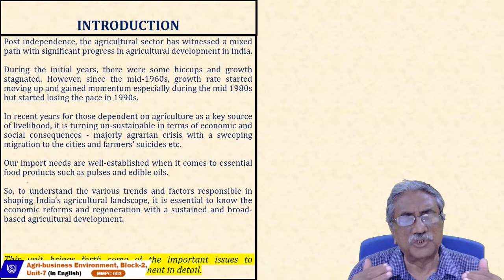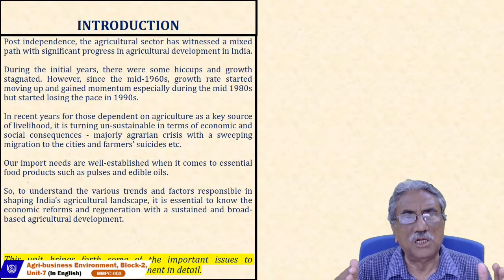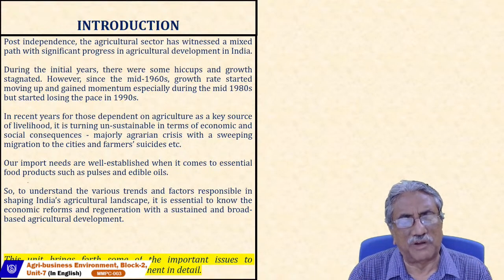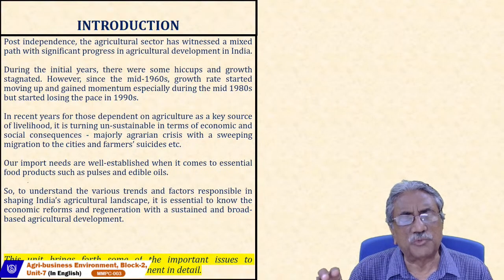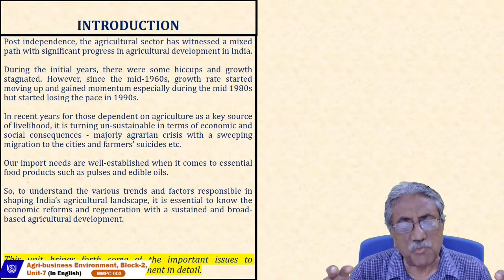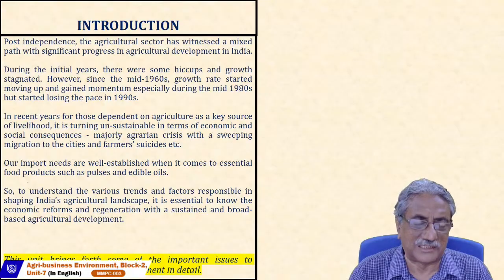Suppose my father had 4 children, but my father had 1 acre of land. That 1 acre of land was divided into 4. Similarly, if I have 2 children and my other brothers have, that land was divided into 8. In this process, we have very small holdings of land.